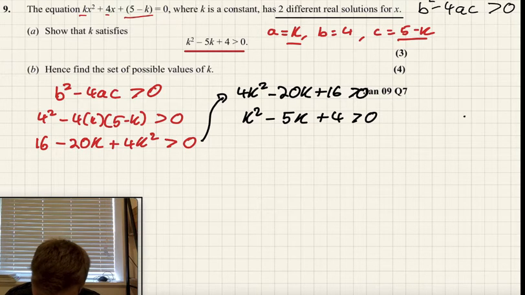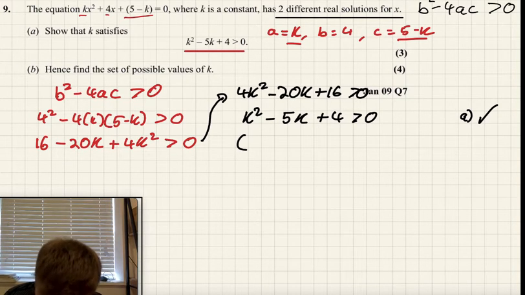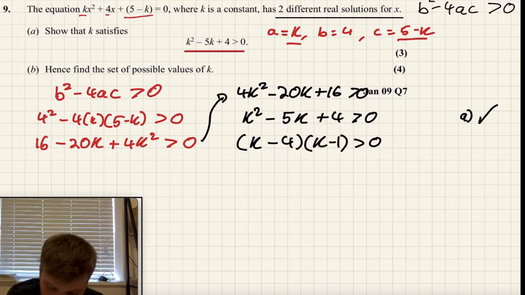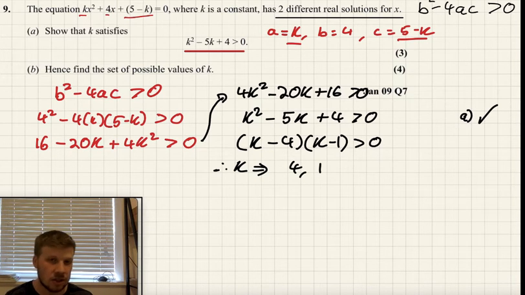So part A here is done, so I'm going to swap over and try to answer part B. So factorising this, I get k take away 4, k take away 1 is greater than 0, and that's going to give me answers for k related to the positive values of 4 and 1. I don't know the relationship between k and those values yet, but I know something happens at those points.